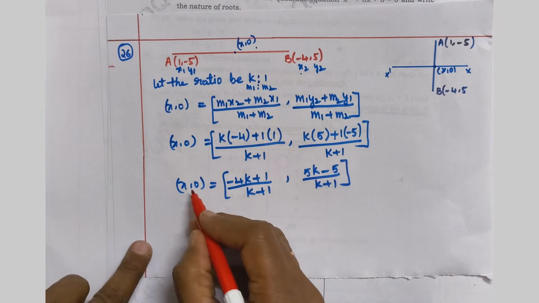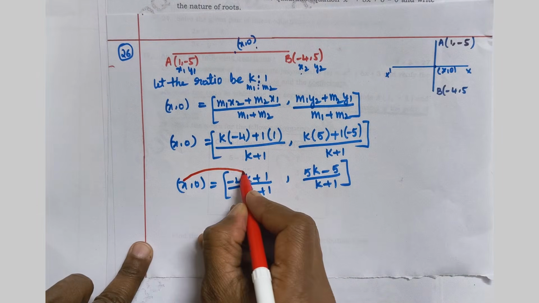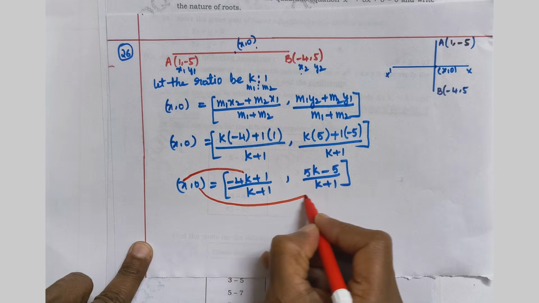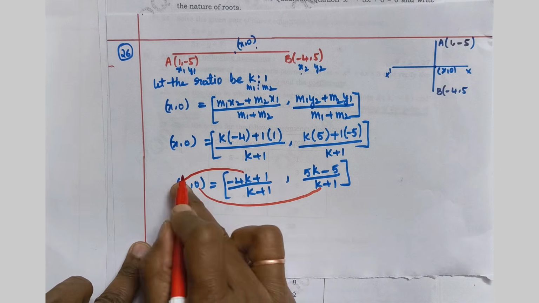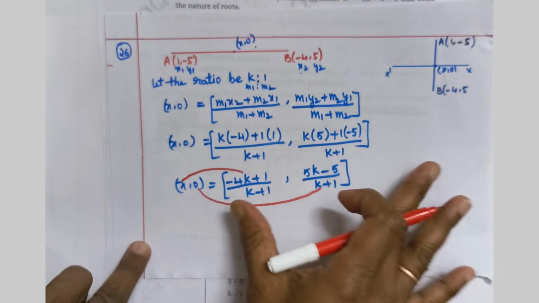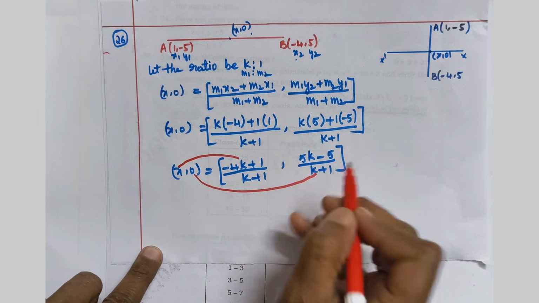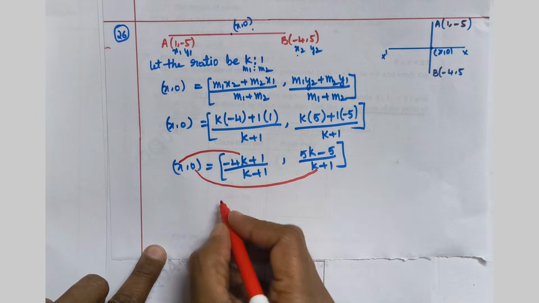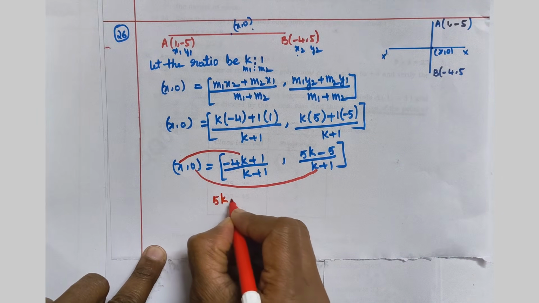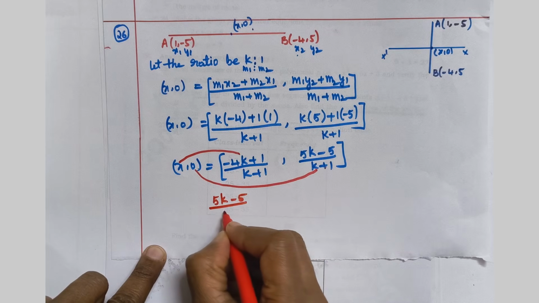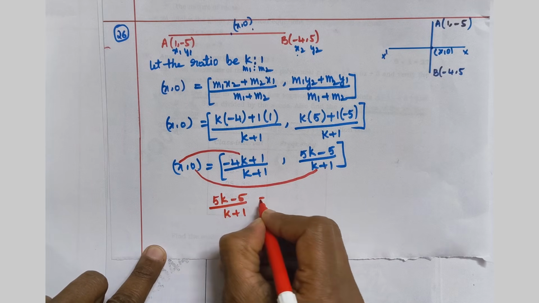Now what will we do? This one is equal to this one, and the next is equal to the next. If we take x first, we will get two variables and there is no solution. So we take y equal to 0. Now see here, 5k minus 5 by k plus 1 is equal to 0.